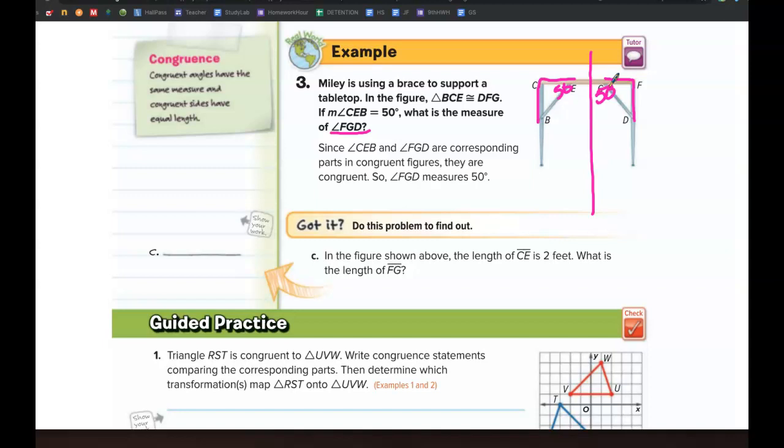What if I change this, and I ask you for the measure of angle GDF? So this guy. Angle GDF. How would I do that?